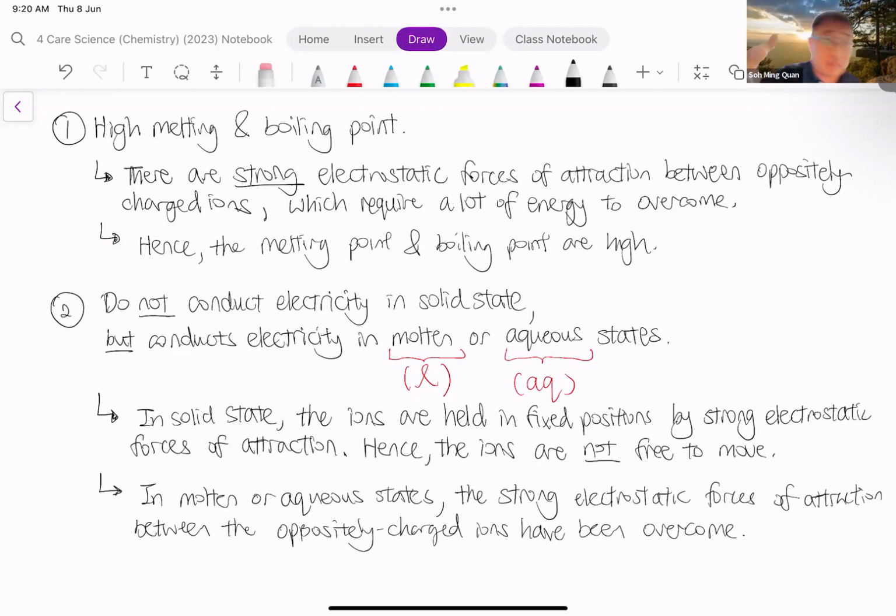When we melt something, you heat it up. By heating it up, you have already overcome these strong electrostatic forces of attraction. So when you overcome the forces, the particles, in this case the ions, are free to move, to conduct electricity.